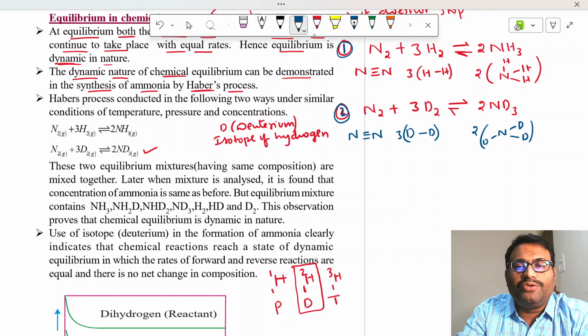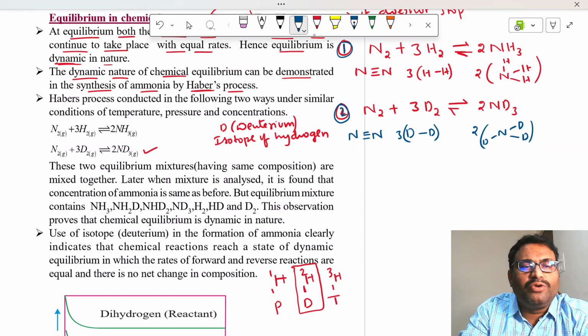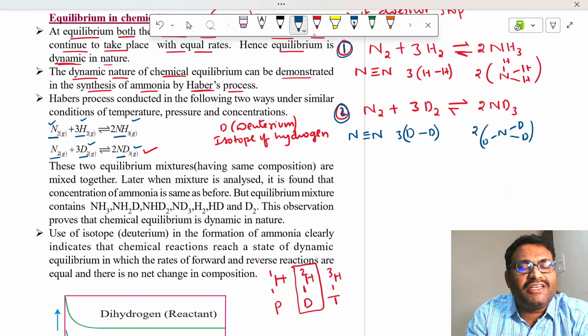There should be N2, H2, NH3, and N2, D2 and ND3. Only these should be present in the container.